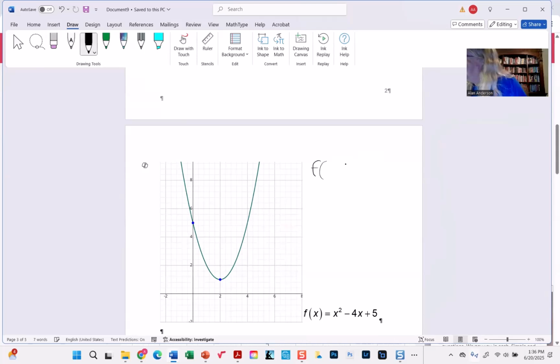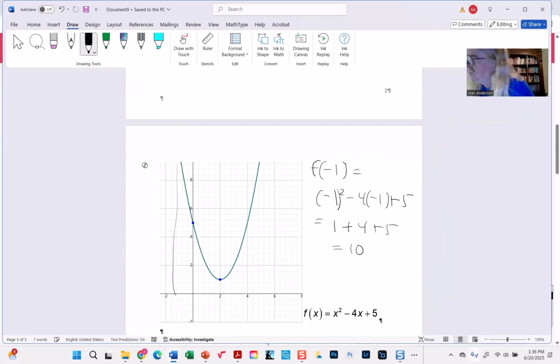So at the left-hand point, f of -1 is -1 squared minus 4 times negative 1 plus 5. It's 10. So I didn't quite get that. It's up here somewhere.